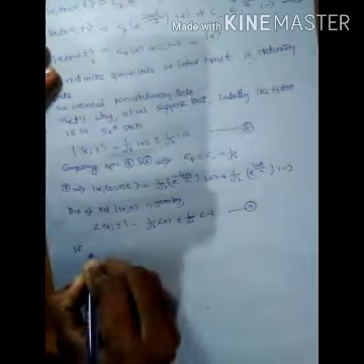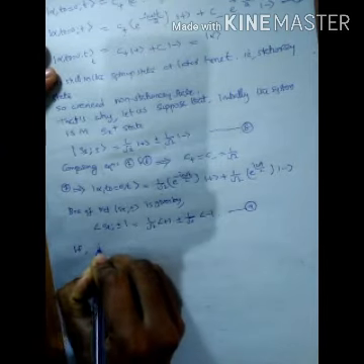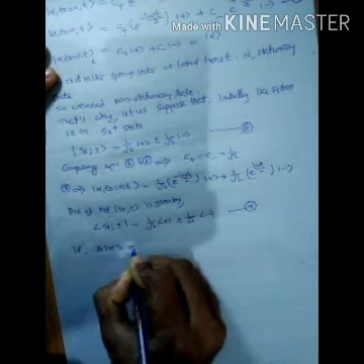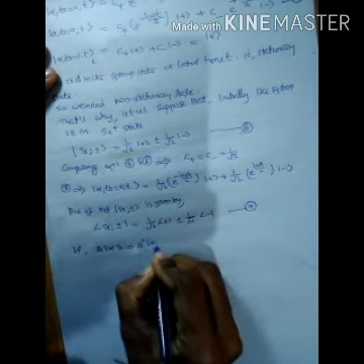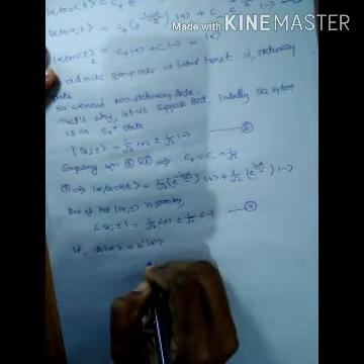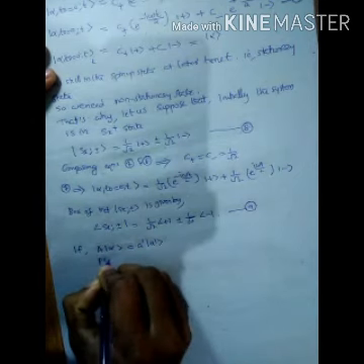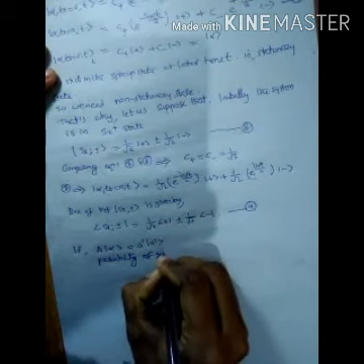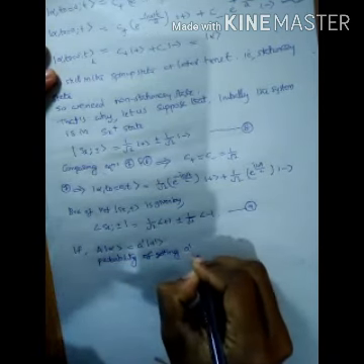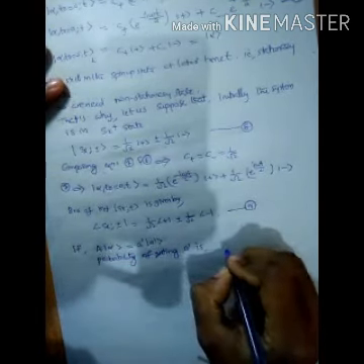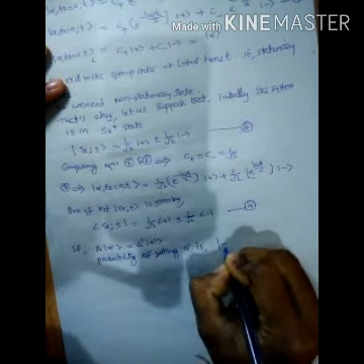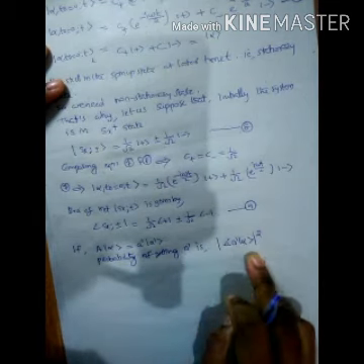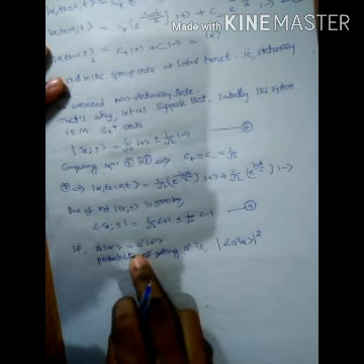If an observable acting on a ket gives eigenvalue a dash and ket a dash, then the probability of getting a dash is the mod of the inner product of a dash with alpha, whole square.